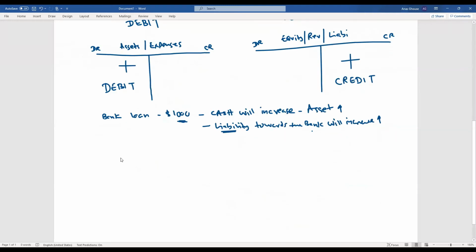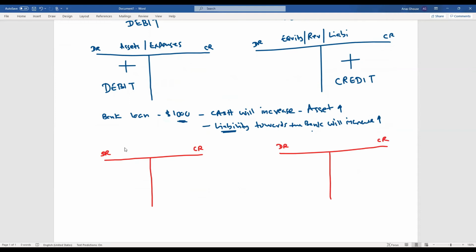So how do you record this? We need to open two T accounts because of the dual impact: debit, credit, debit, credit. Here cash, here bank loan. Cash is an asset, and any asset increase should be debited.